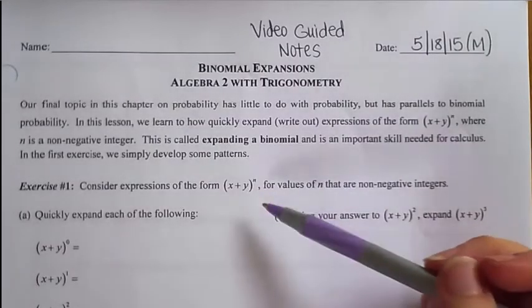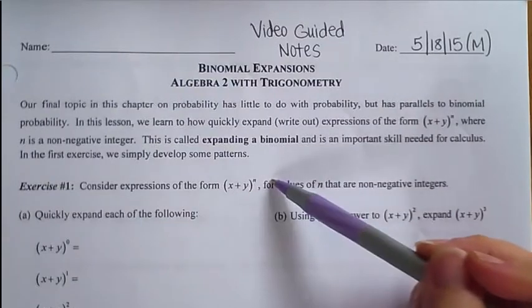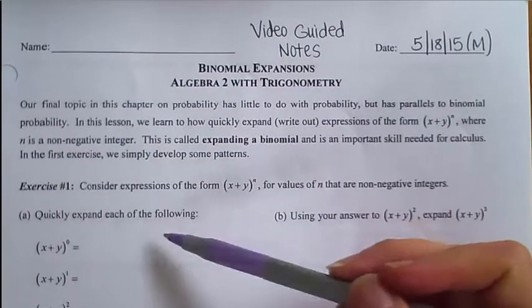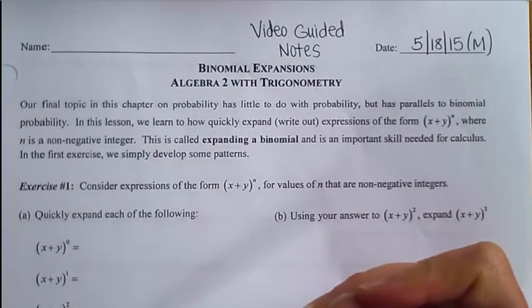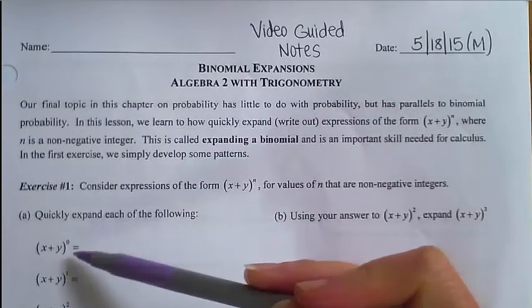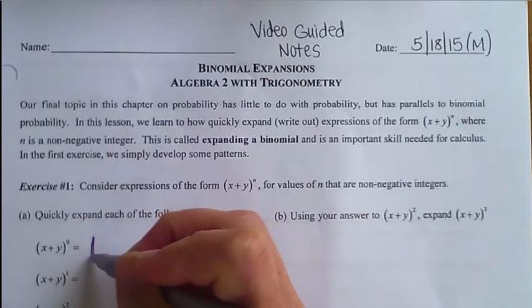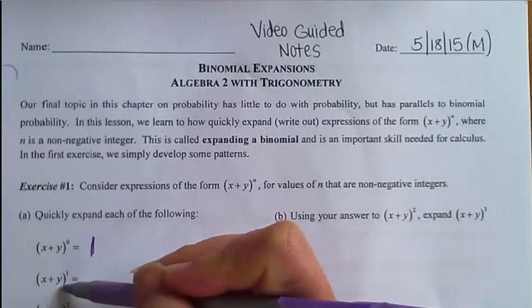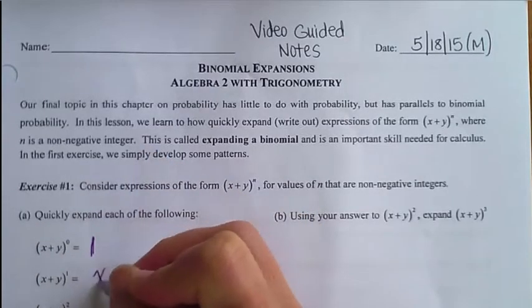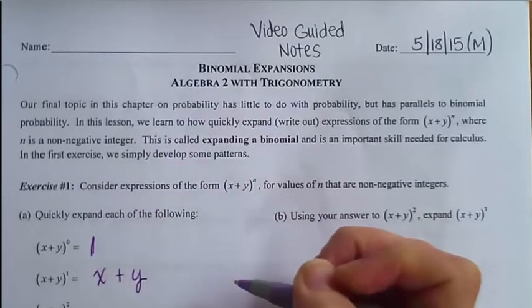So if we think about some binomial, x plus y raised to some exponent n, let's expand a few real basic ones, and these we should know. X plus y to the 0, any number to the 0 is 1. X plus y raised to the first, well, any number to the first stays the same, so that would be x plus y.